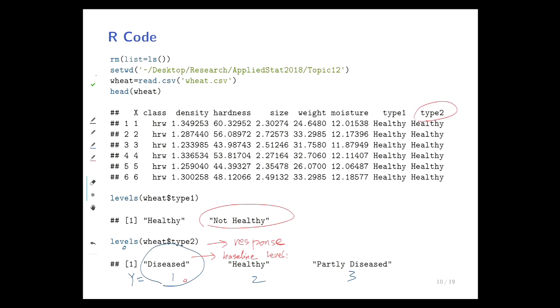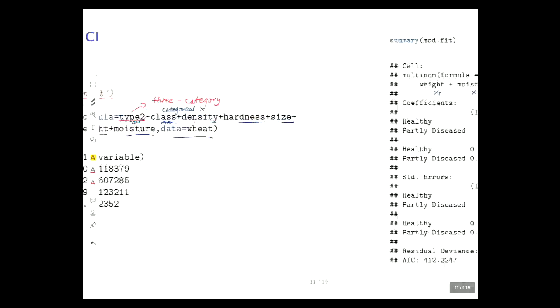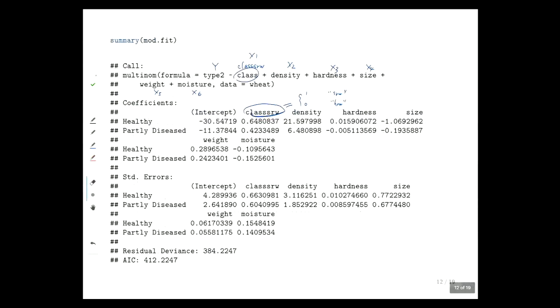That just means that we consider the diseased one as the baseline level, and the model can be written in this way. Because we have 3 categories, C equals 1, 2, 3, and our model can be written as pi2 divided by pi1 equals beta 2,0 plus beta 2,1 x1 and so forth plus beta 2,6 x6.